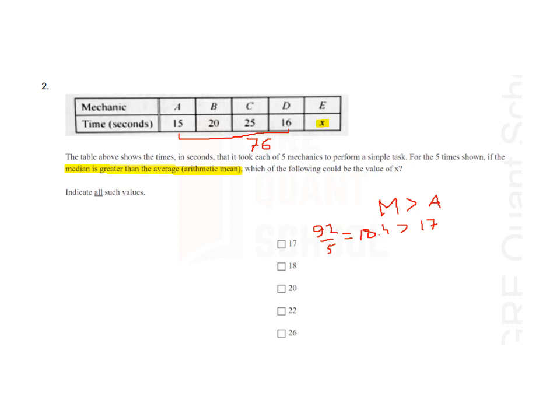So in this case, the arithmetic mean is greater than the median. So the option 17, that is the first option, doesn't fulfill the condition given in the question. Similarly, we'll test the options in other cases, and in this way we get the answer that is true for this question, which is option C.